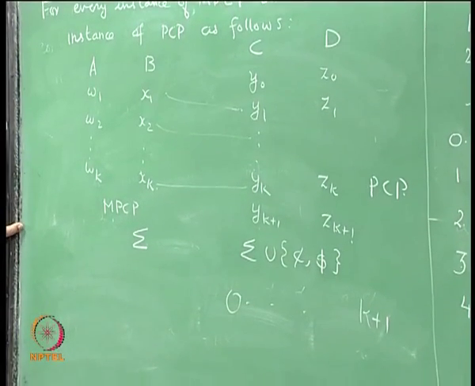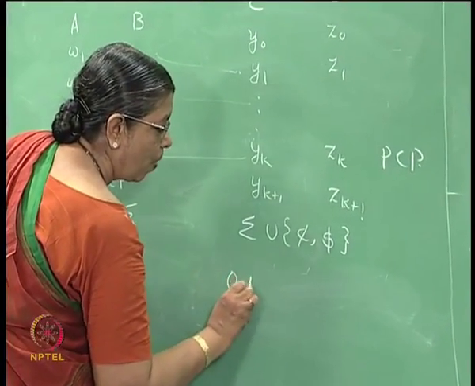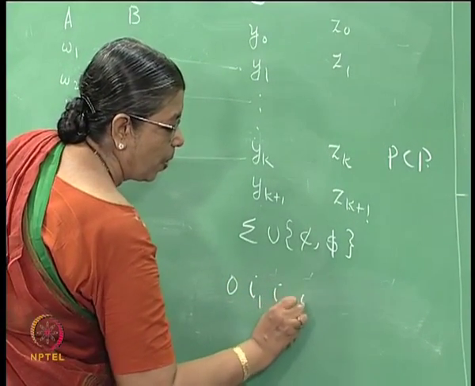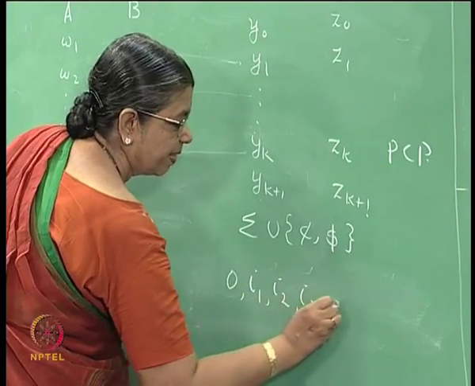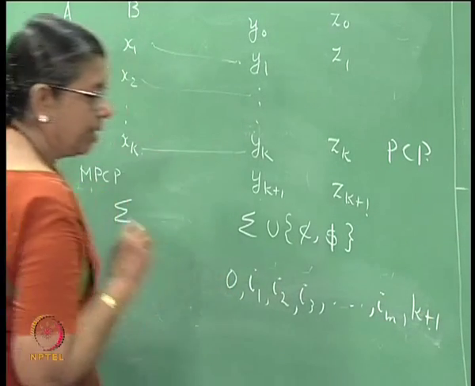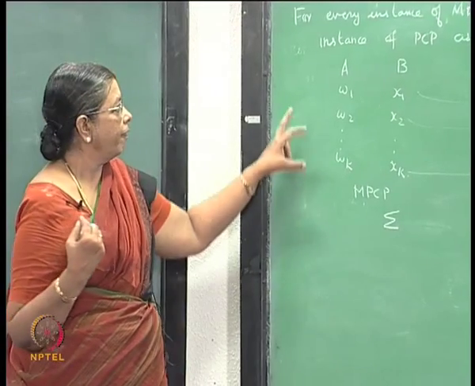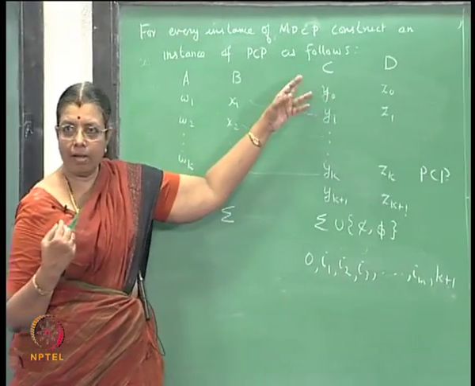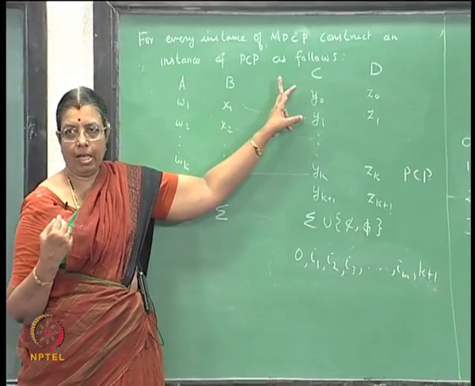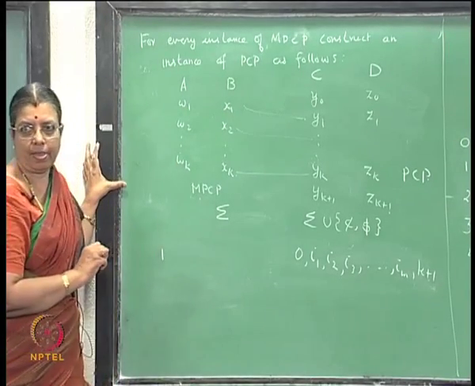Now, if you find sequences such that 0, I1, I2, I3, up to Im, k plus 1 is a solution here, can you have a solution for this MPCP? The first string alone you are considering with one additional cent here, is it not. So, if it starts, the corresponding string is 1 really.